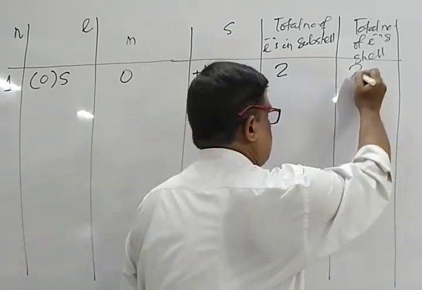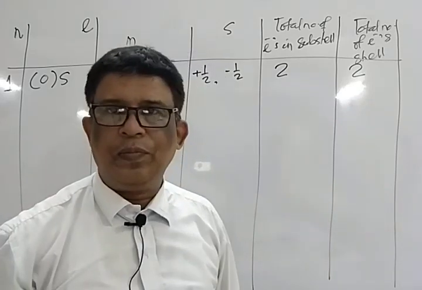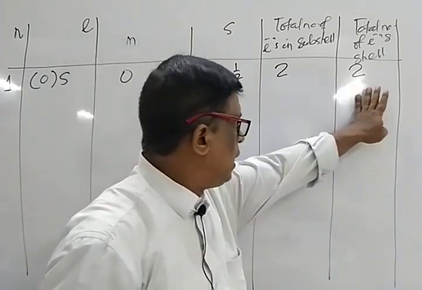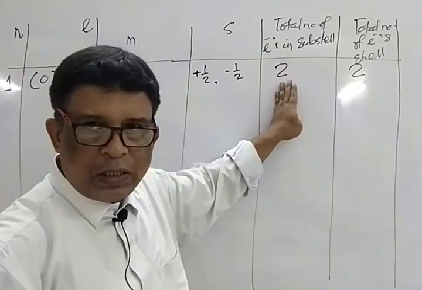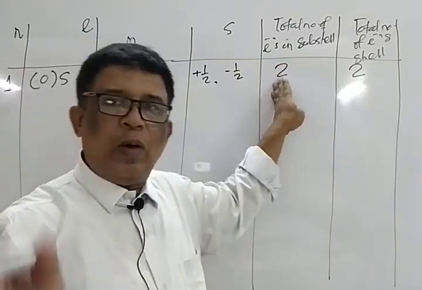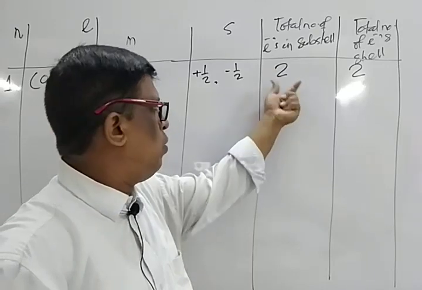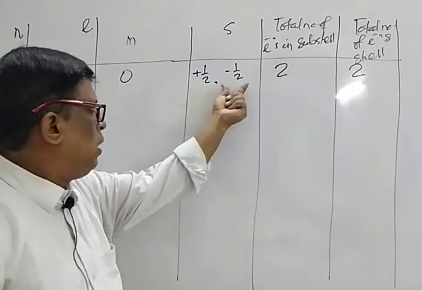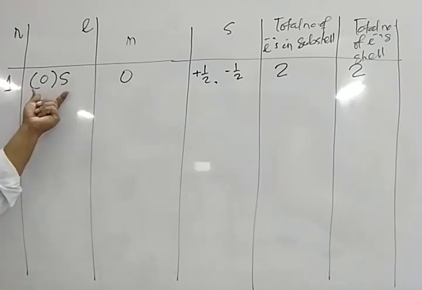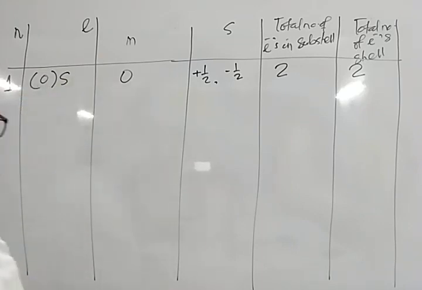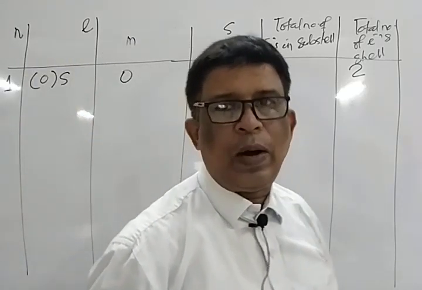So in the first cell also, 2 electrons are there. In the first cell there is only one subcell, the S subcell, and in the S subcell only one orbital, the S orbital. We know a maximum of 2 electrons, and these 2 electrons possess different spin values, with magnetic quantum number 0 and azimuthal quantum number 0. Next, the first cell part is over.